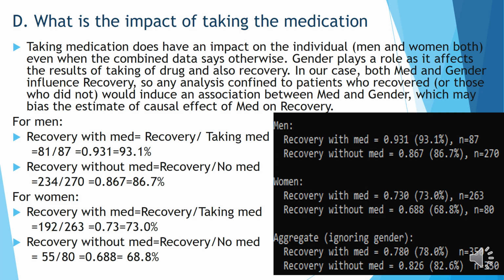Let's have a look at the calculations for women who recovered. Women who recovered and were on medication will be equal to women who recovered upon the women taking medication, which is 73%, and the women who recovered but were not on medication is equal to the women who recovered upon the women who did not take any medication, which turns out to be 68.8%. On the right side, we have a Python code output which gives us the same result.